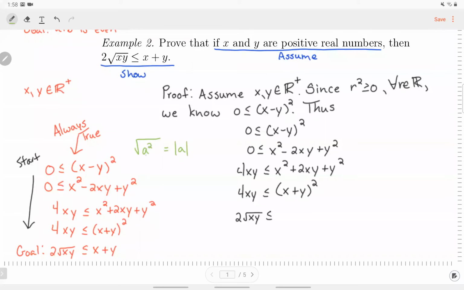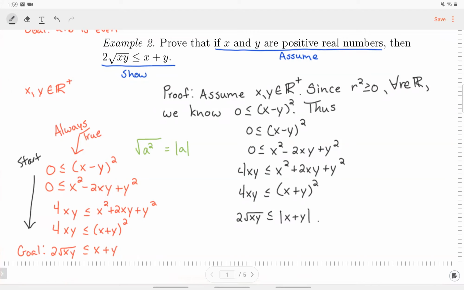Because technically you can take a negative and square it to get positive, then square root it. So technically here, I'm getting absolute value of x plus y. You may think, well, all hope is lost, right? No, it's okay, because x and y are positive. So since x and y are positive, that is the same as x plus y.